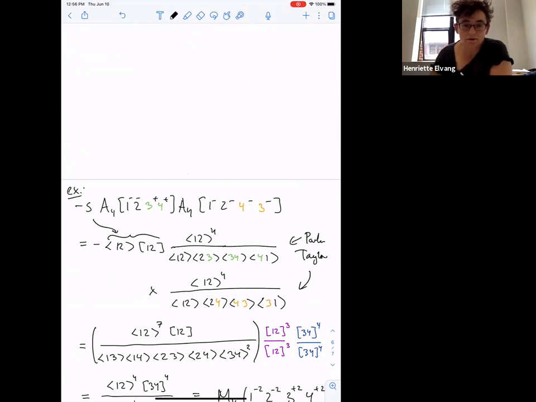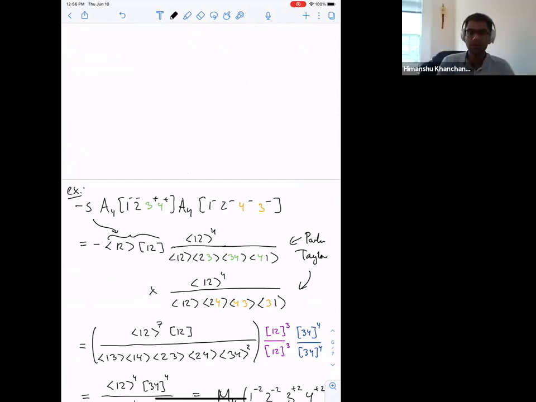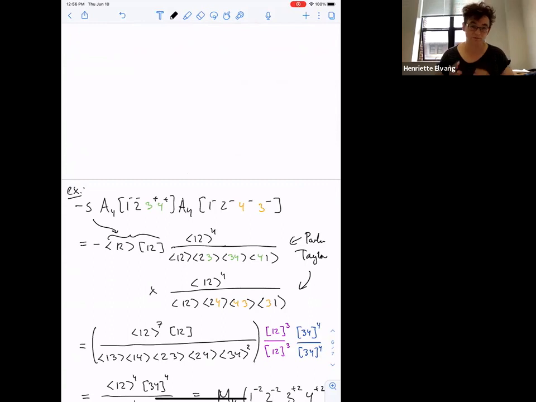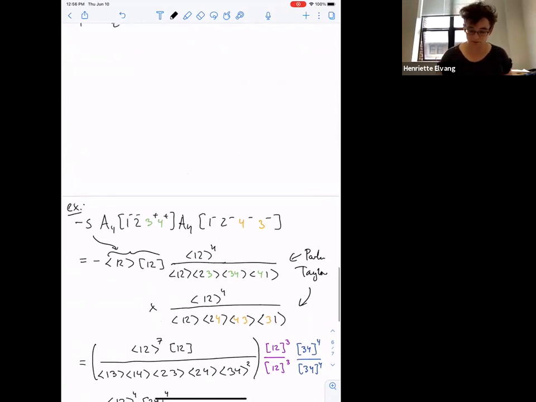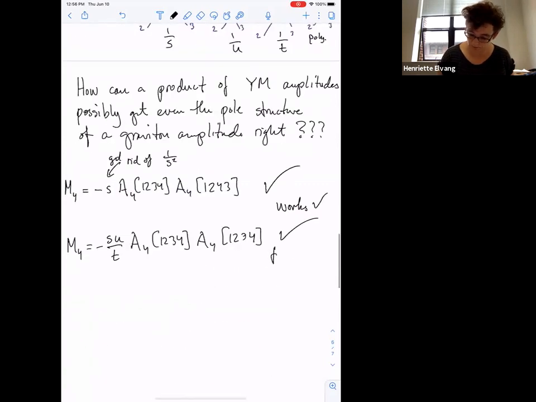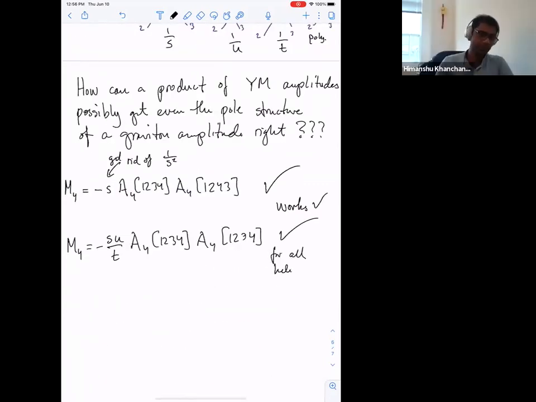It also works if you start mixing up the helicities so that you get the dilaton and axion contributions to the amplitudes. It still works. I see. So no matter which helicity assignment you do, this actually works, which is really remarkable. It factorizes correctly with all helicity choices, and it works for all helicity choices.